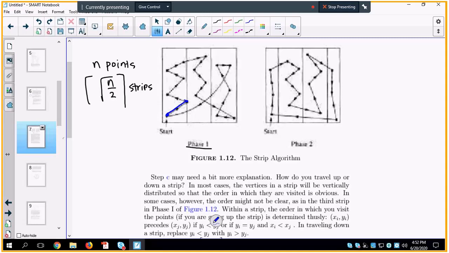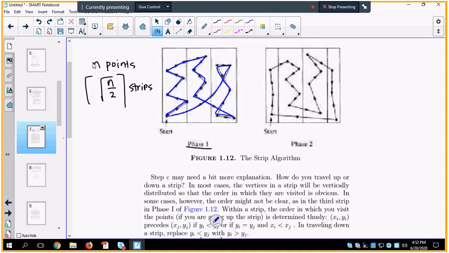So the directions tell us to make our way upward like this. Then, in the next strip, we're moving down. And in the last strip, we're moving up. So this would be our path according to the directions of the algorithm.